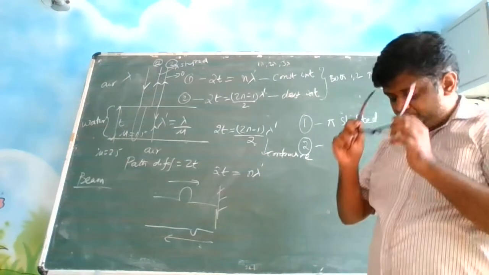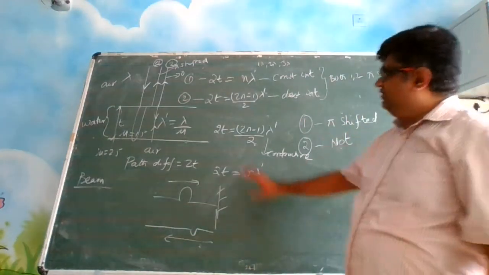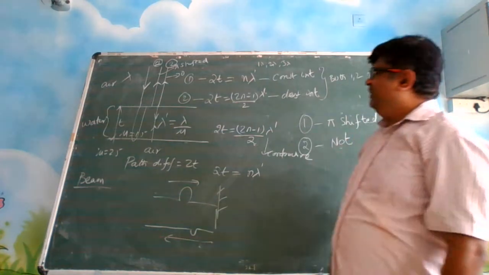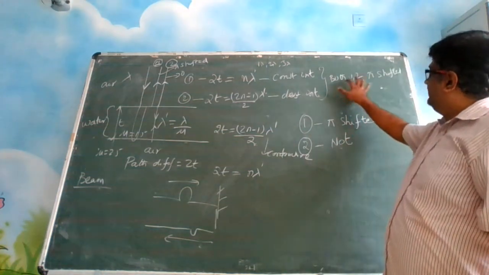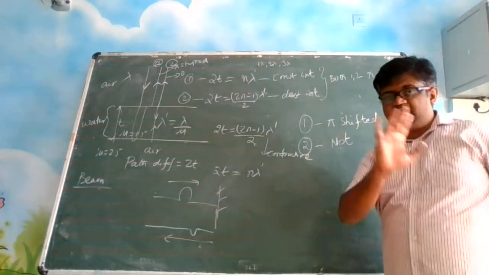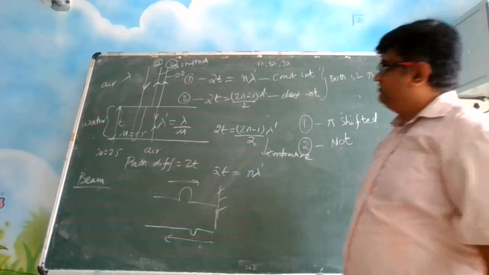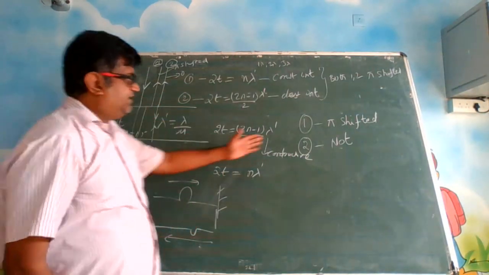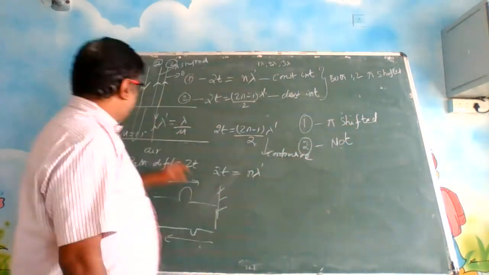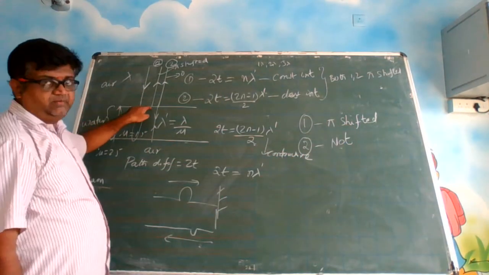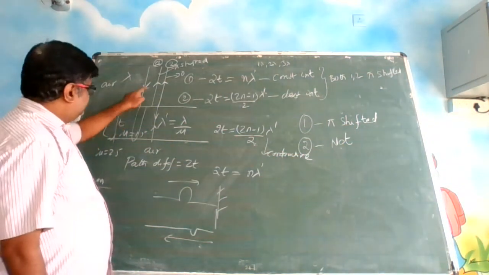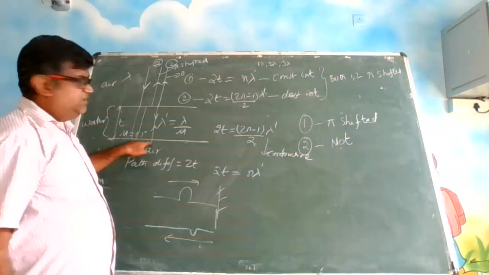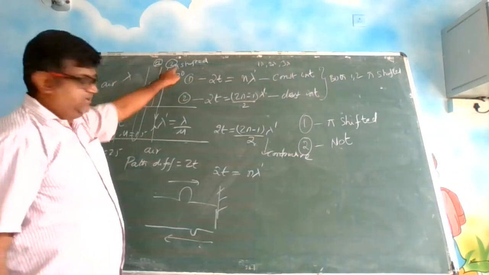like JEE. Okay? What did I say? In this case, you have to see whether both rays are pi shifted or only one ray is pi shifted. In this case, one ray is pi shifted. How am I saying? Because the first ray is hitting the denser medium, and the second ray is hitting the rarer medium. So the first ray is pi shifted, but the second ray is not.